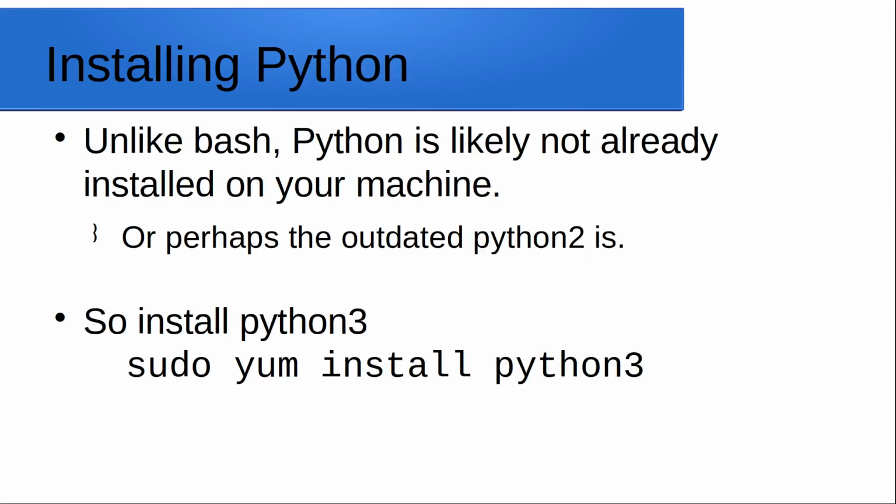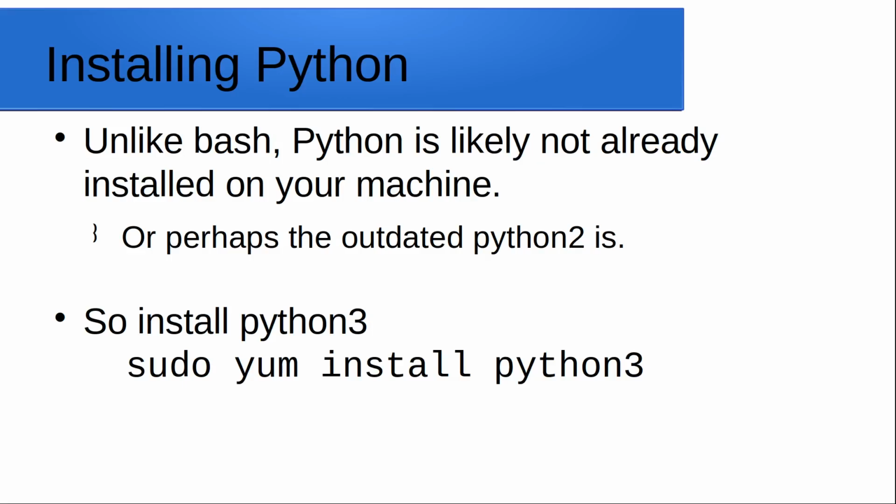Now bash scripting we used in ULI 101 that couple weeks, right? The bash shell is what's running in Linux. It's native on the system. It's already there. But a big difference here, Python might not already be on your system. And if it is, it might be Python version 2, which is obsolete.